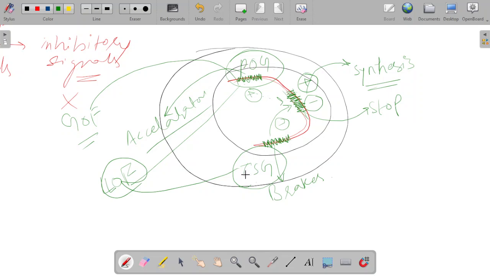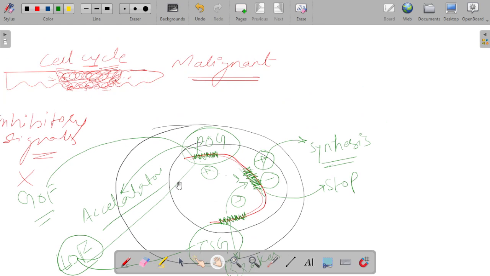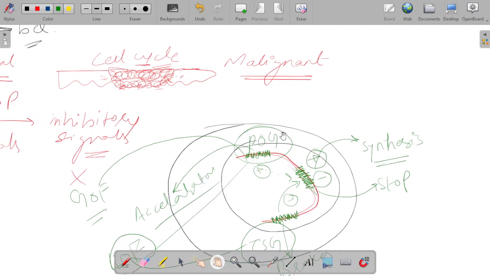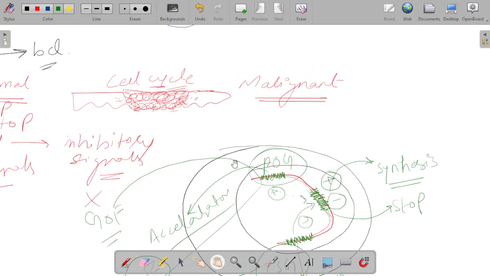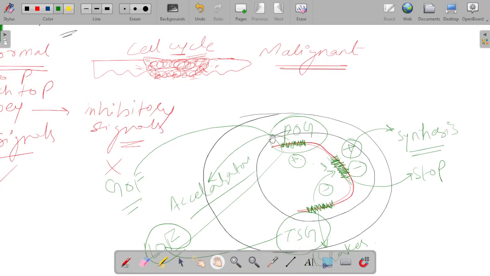So this is one thing. So the normal cell, after getting mutations in the way I have mentioned, becomes over-proliferative and ultimately it will lead to malignancy. But how does the over-proliferation happen?